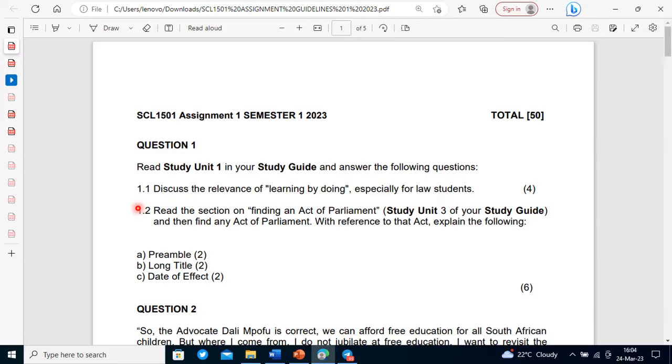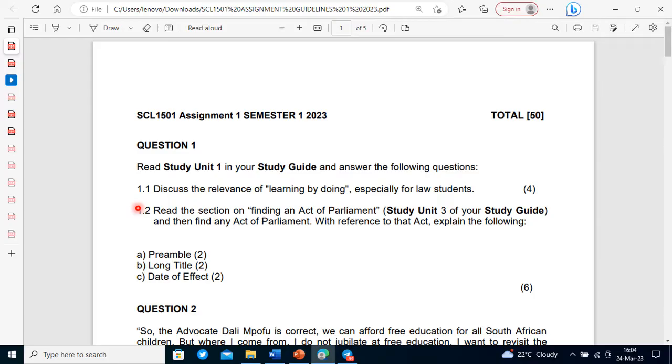I'm not sure, but I heard. If a footnote is being included, you have to reference it, you have to insert it. Once you insert it, it's going to ask you for the reference. So if you go to page 50, at the end you're going to find number 10, then you just copy that footnote and paste it in your assignment at the point where you have to put the reference of your footnote.